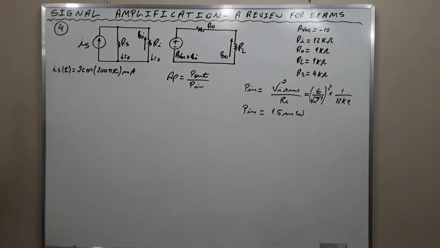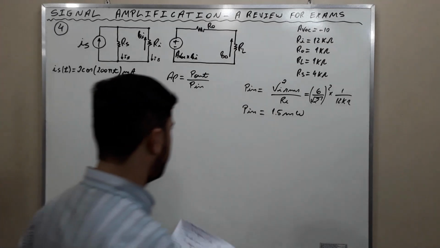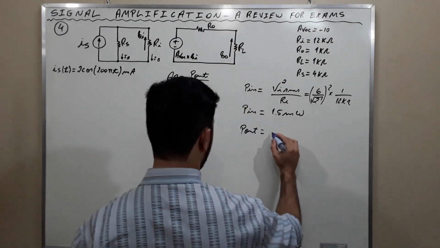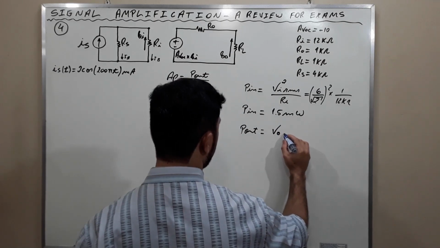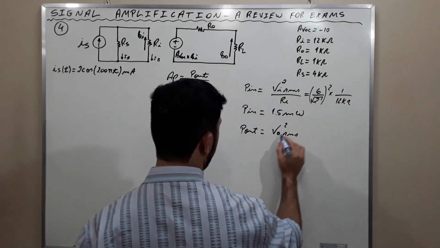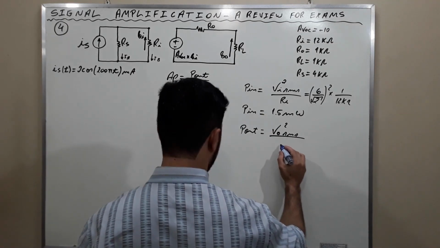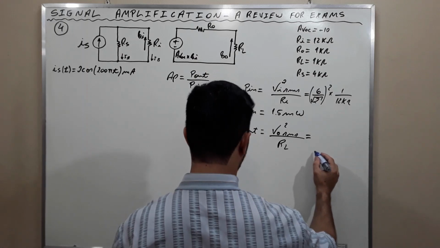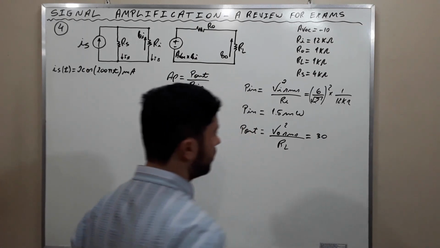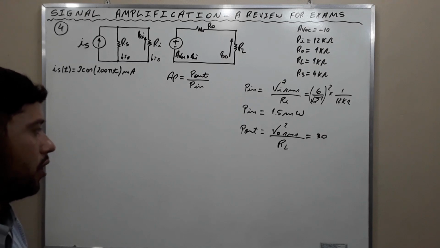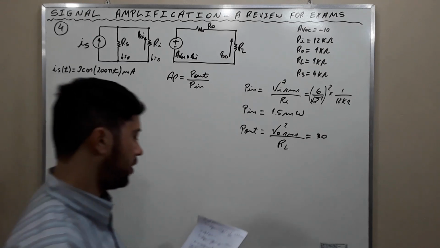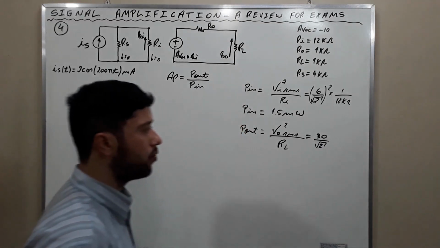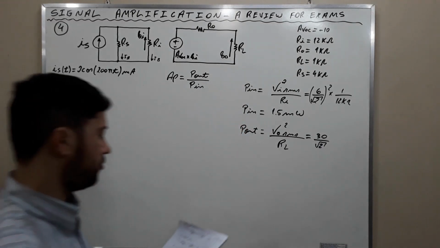We're going to proceed in the same way for the output power. P out is equal to V out RMS squared divided by the load resistance. This is equal to 30. The magnitude or the amplitude of the output voltage is 30. We need to divide it by the square root of 2 because we are considering RMS values.